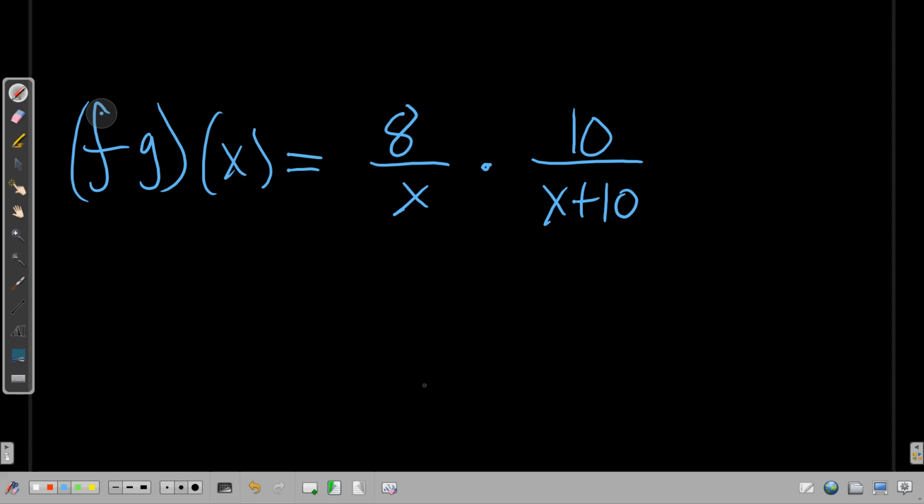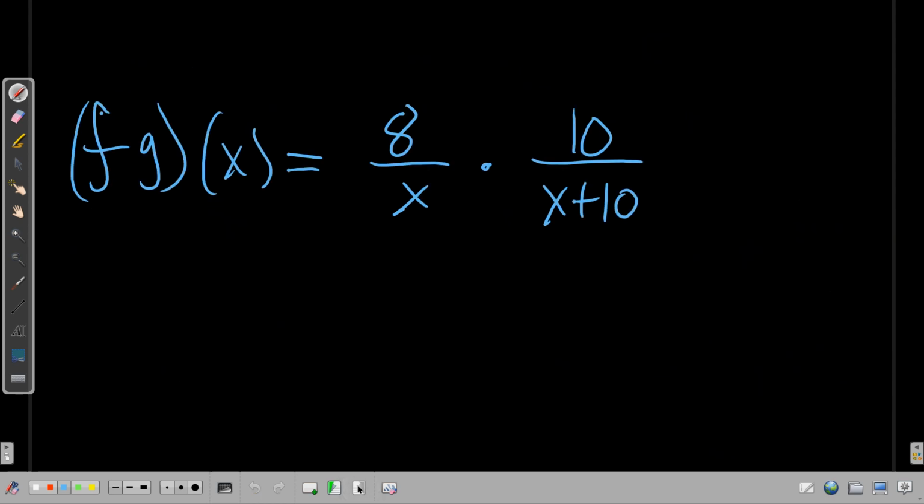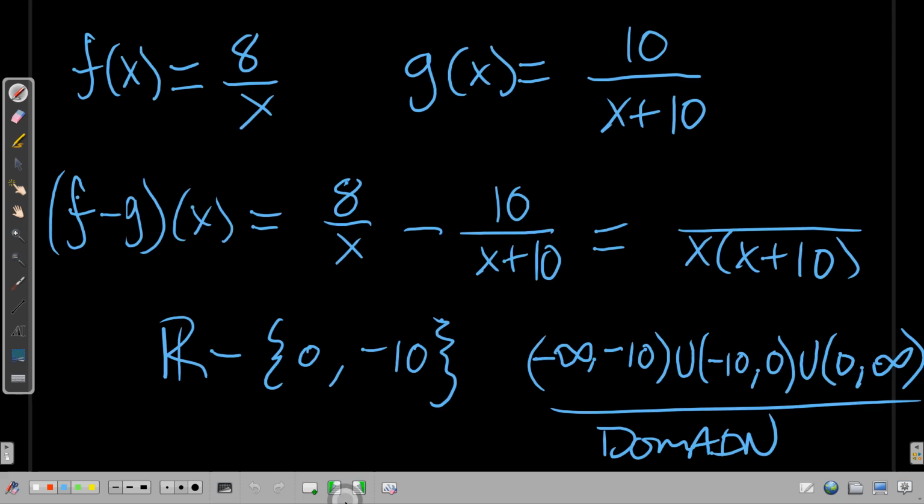You have the same denominator here as you had here, because the denominator here would be x times x plus 10. There's no square roots or anything, so the domain here is exactly the same as we had right here, because they have the same denominator.